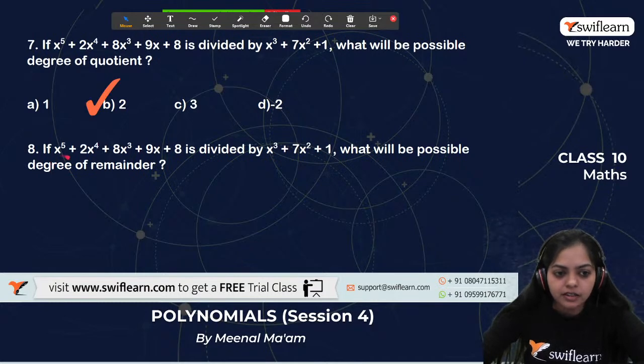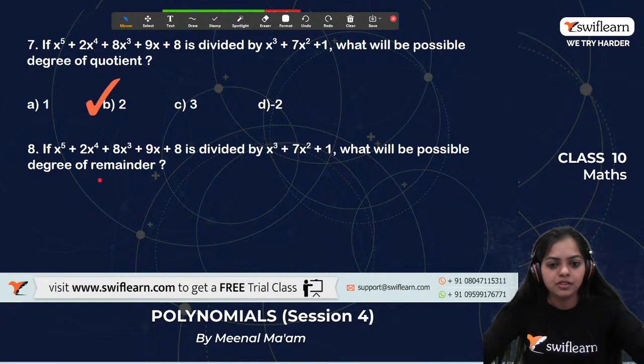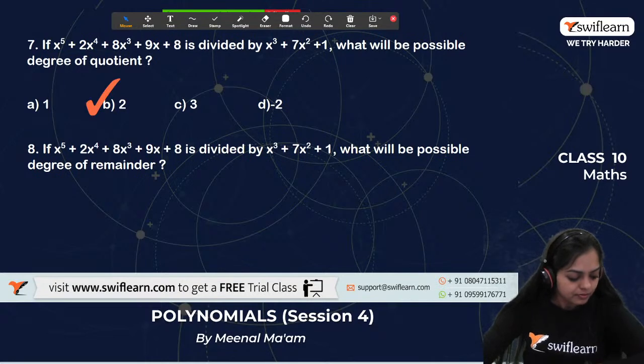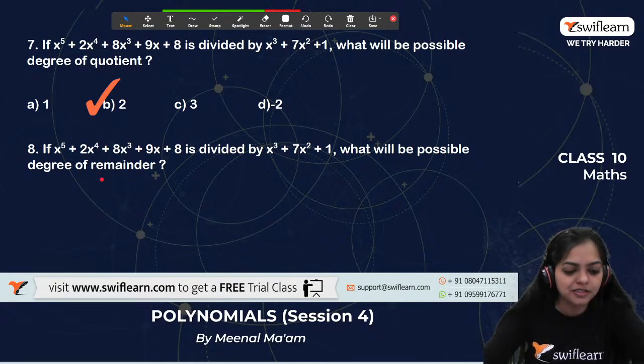Question number 8. If this given polynomial is divided by x cube plus 7x square plus 1, what will be the possible degree of remainder? So here is the question. And I'm waiting for your answers.